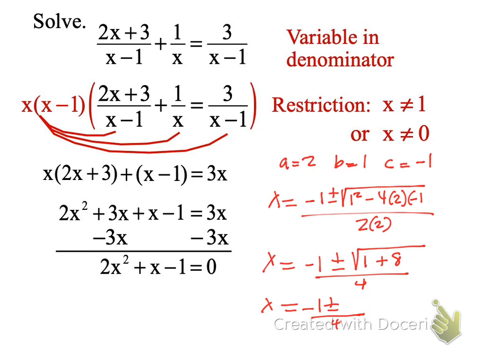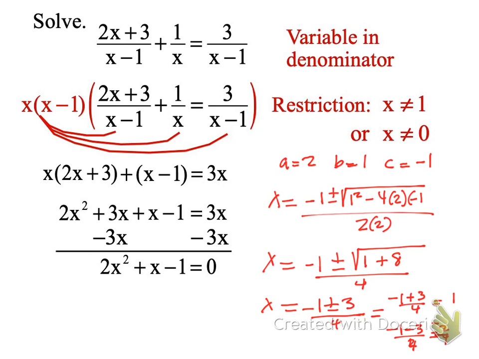Is this getting any faster for you? Yes. So it's 1 plus 3 divided by 4, 1 minus 3 divided by 4. Isn't it negative 1 plus 3 and negative 1 minus 3? Oh, you're right.